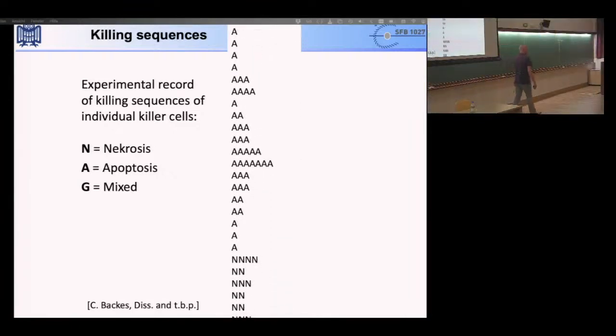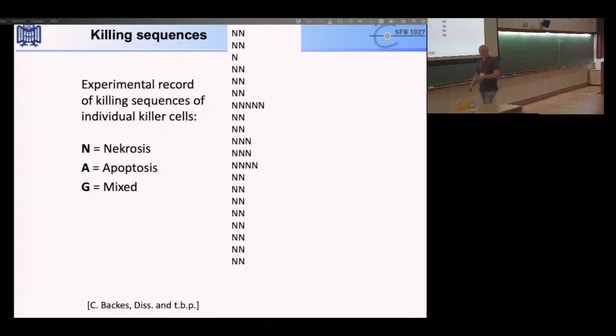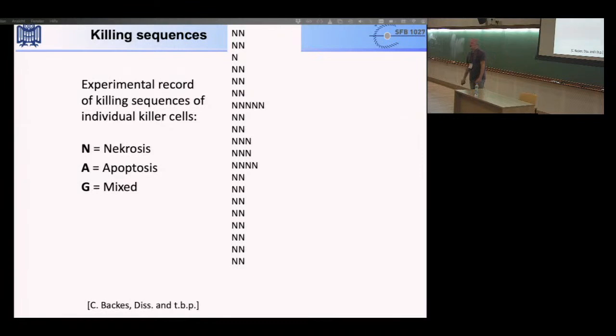And the question is, what is it good for? Is it good to have a number of fast killers which only kill necrotically, and then a bunch of slower killers, or what is the reason for that? This is actually something which is ongoing research.